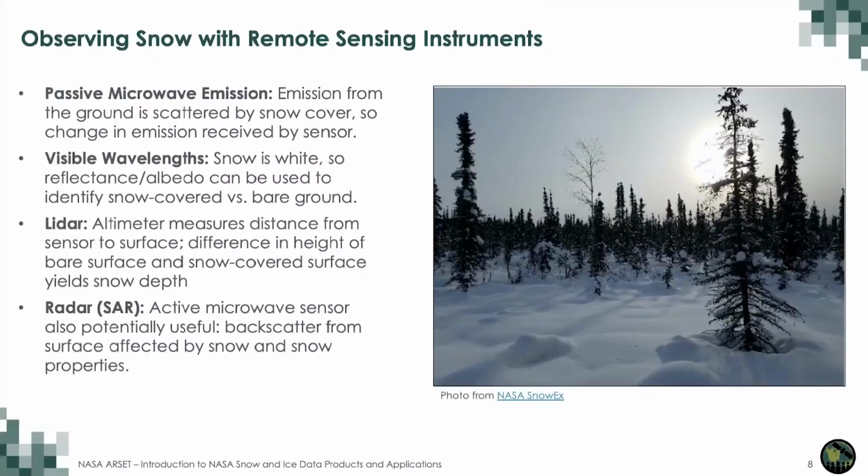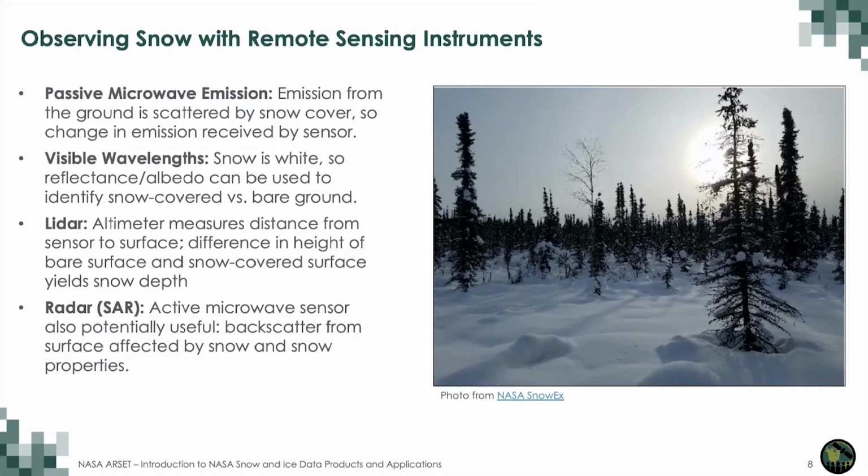So first, I'm going to give a little bit of overview of the type of instruments that we use for snow remote sensing, satellite instruments in particular. We can use passive microwave instruments. This is emission from the Earth that is detected by satellite sensors or other sensors. And the emission that comes from the bare ground that would go to the sensor is scattered or attenuated by the snow cover.